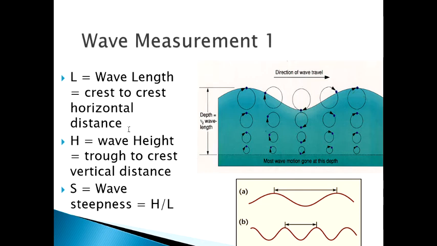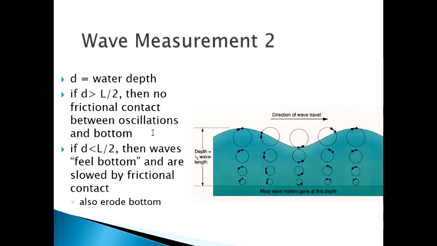We can also take those two primary measures and divide one by the other to create a wave steepness profile. This is the height divided by the length. If water depth is d, little d, then the depth to the wave base is L divided by 2, or half the wavelength.